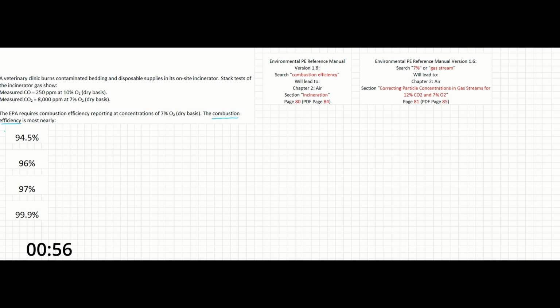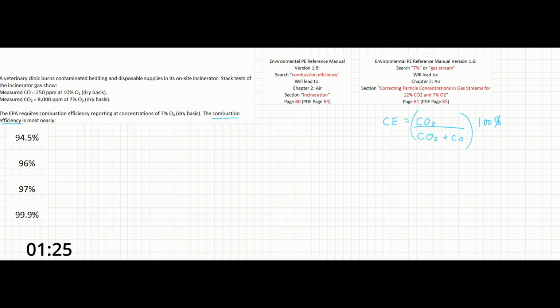If we search for this in the reference manual, it will take us to the following equation in Chapter 2 on air, where CE, combustion efficiency, is equal to CO2 over CO2 plus CO times 100%, where the volumes are in parts per million.